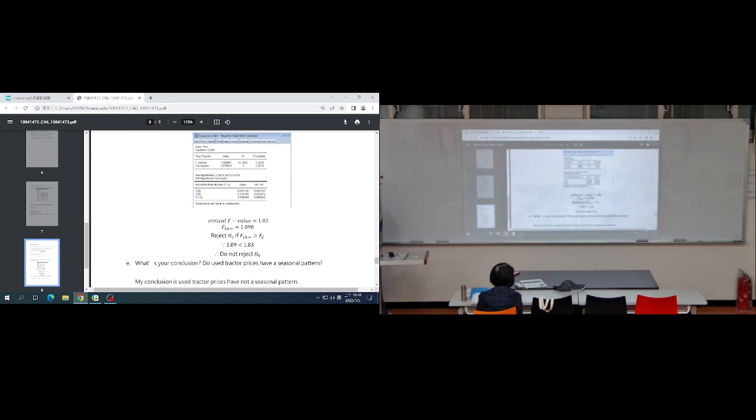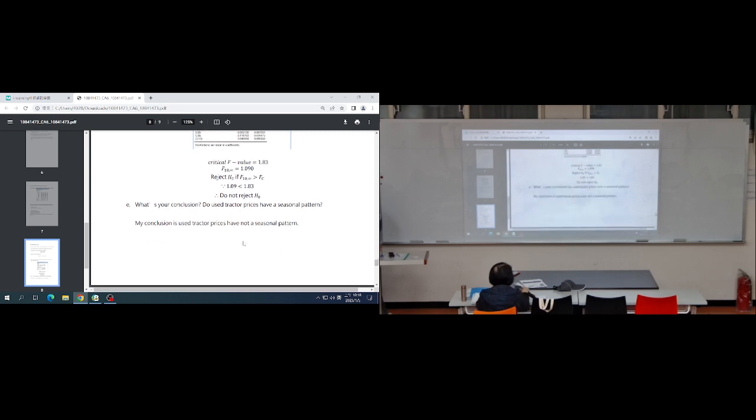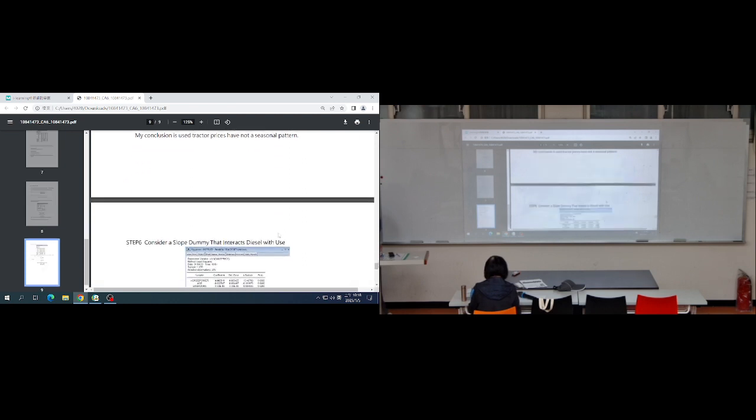How did you get 1.83? Check the table. From tables. Yeah. All right. My conclusion is the trader price has no seasonal pattern.